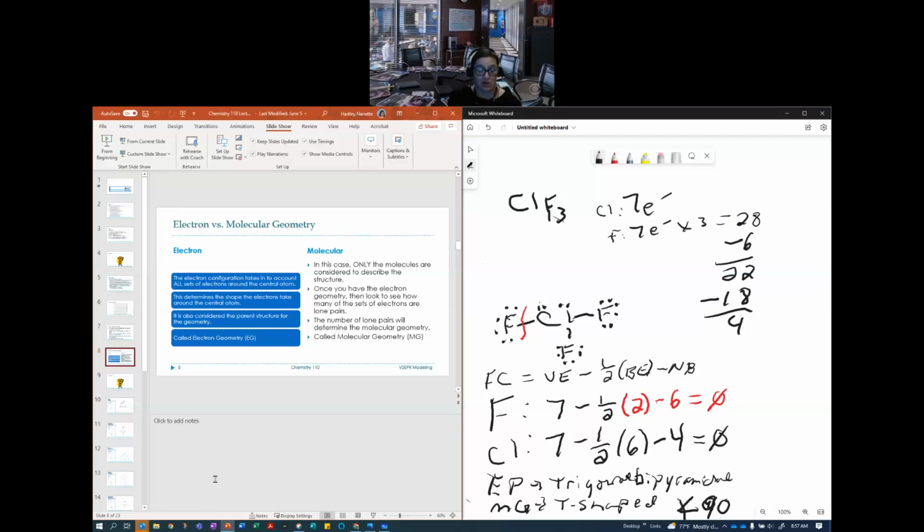Tell me how many bonding pairs are there? How many non-bonding pairs are there? What's the molecular geometry? What's the electron pair geometry? What are the bond angles? What's the formal charge on everything on a particular atom? I mean, there are a number of variations that we could see for that. Okay, so that's what we're talking about there.